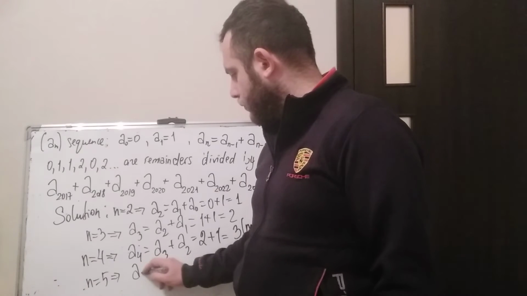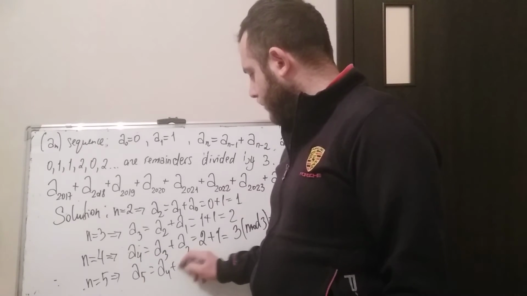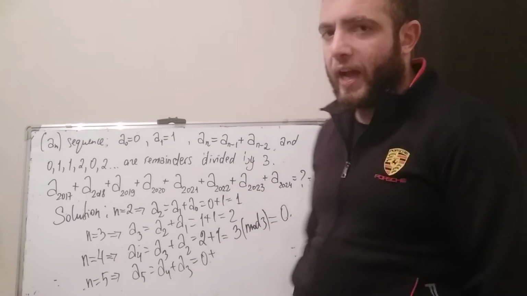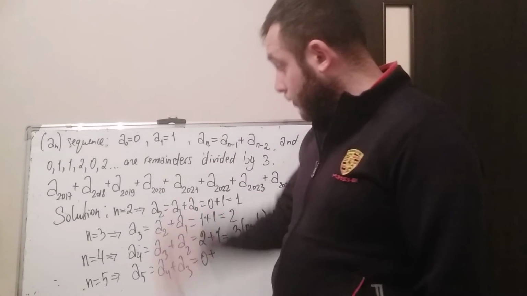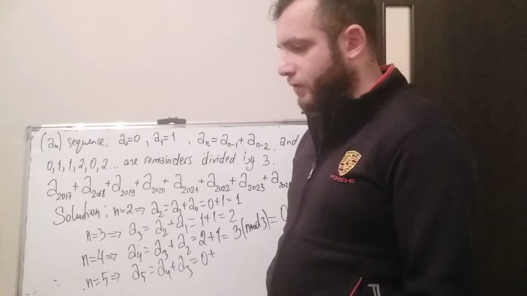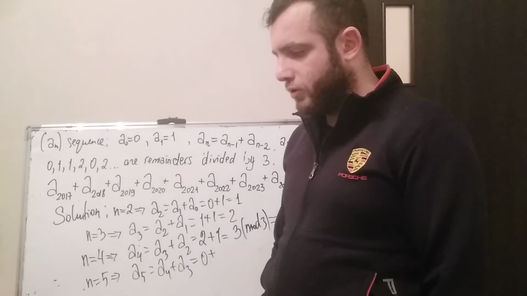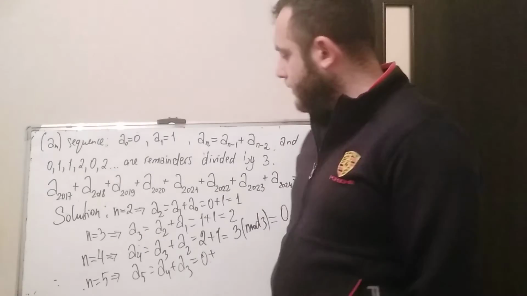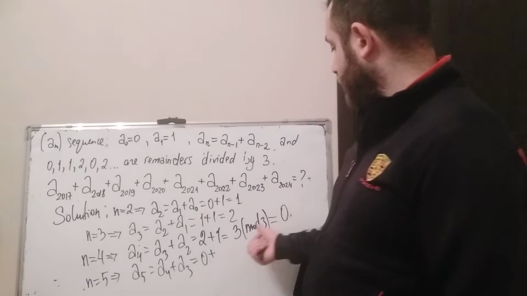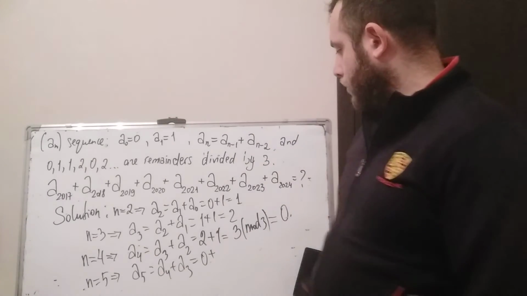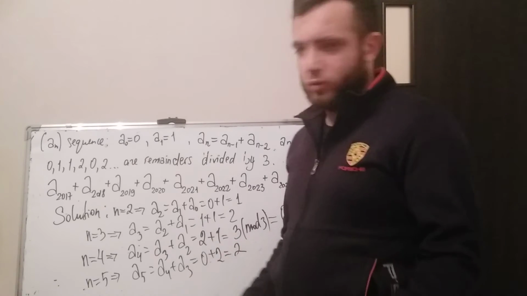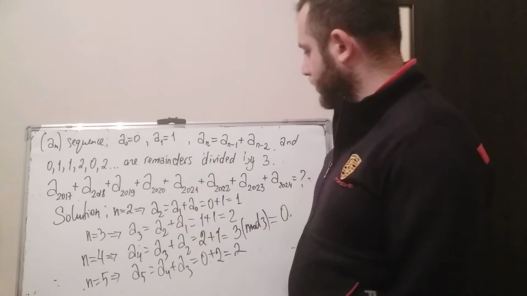Now let's check a5, a sub 5, which is a sub 4 plus a sub 3. The a4 was 0. Because the values of the terms of the sequence are the remainders divided by 3, we take each result mod 3. So 3 means 0. a3 is 2, so a5 is just 2, no need to write mod 3 because it's already a remainder.